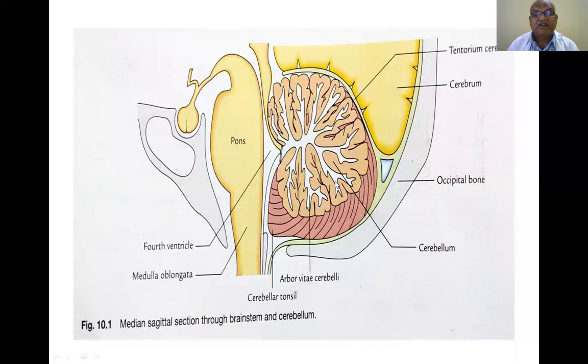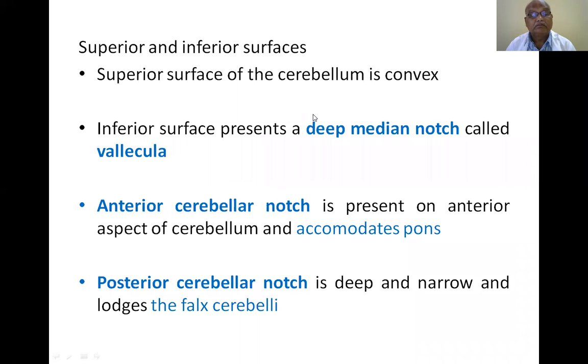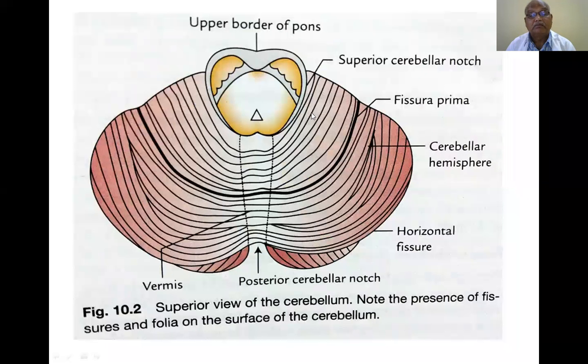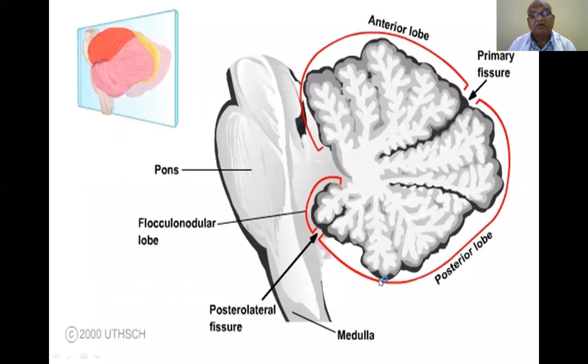The posterolateral fissure lies on the inferior surface, while the V-shaped fissura prima lies on the superior surface. It divides the corpus cerebelli into anterior and posterior or middle lobes.